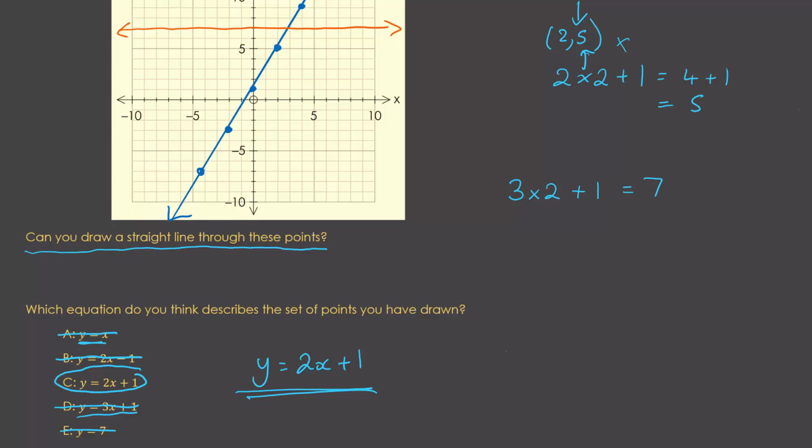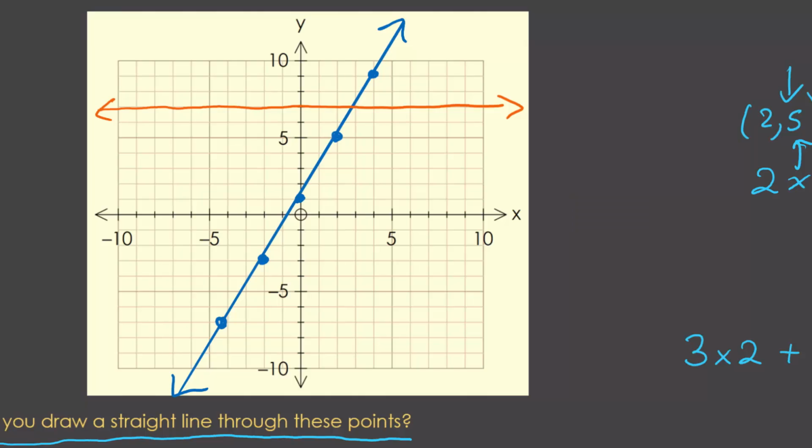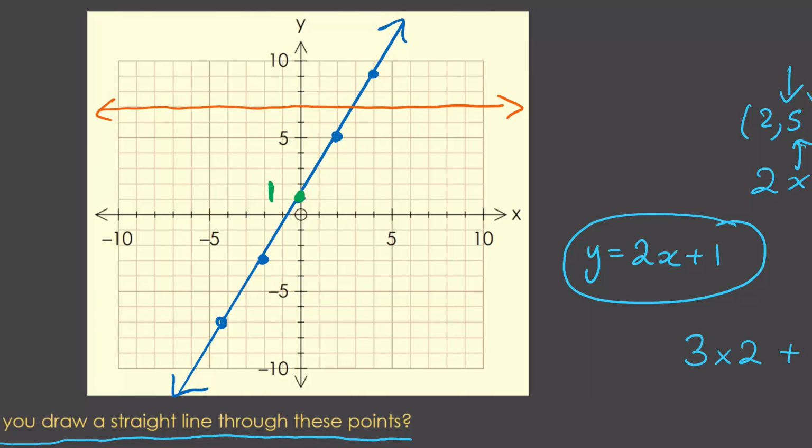Now, something that's worth noting for future work here is that we chose y equals 2x plus 1. We can see where the line crosses the y-axis. It crosses it at 1.